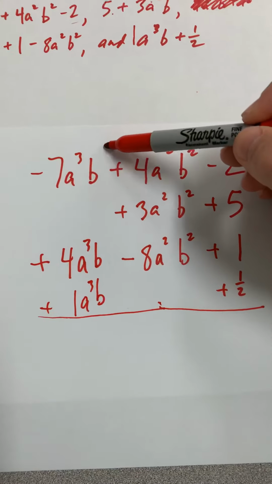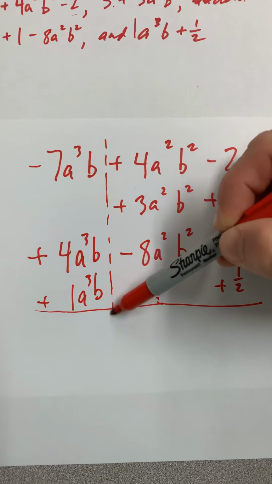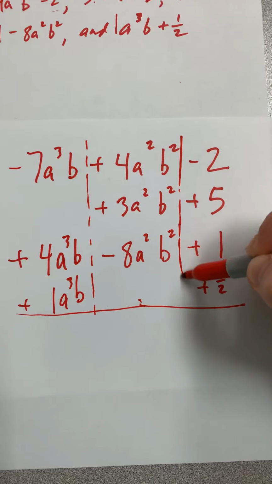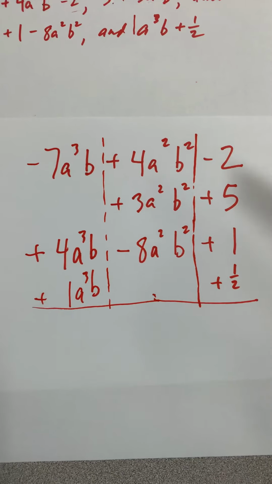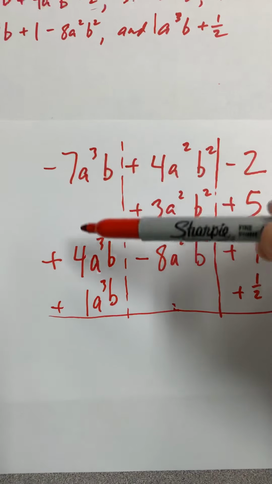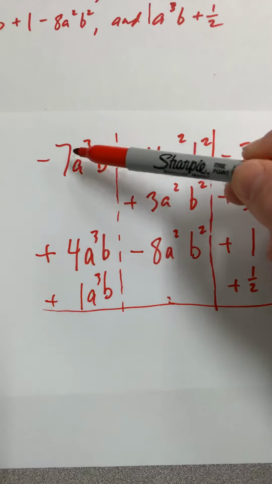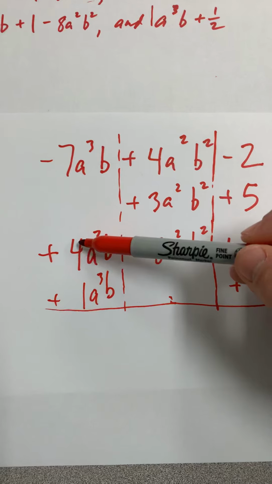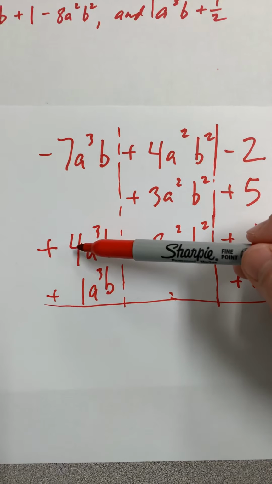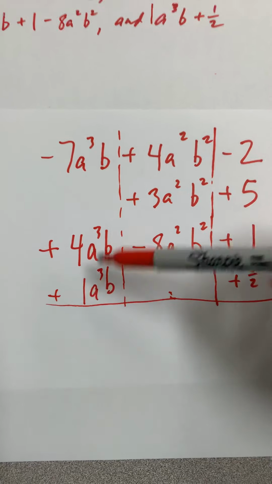So remember, if you look at these as 3 different columns. Okay, all right, so we've got negative 7a cubed b plus 4. So what's negative 7 plus 4? Well, that's negative 3, right? Negative 7 plus 4 is negative 3. Negative 3 plus 1 is negative 2.